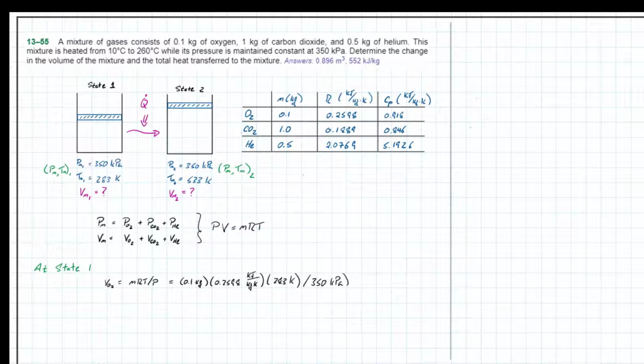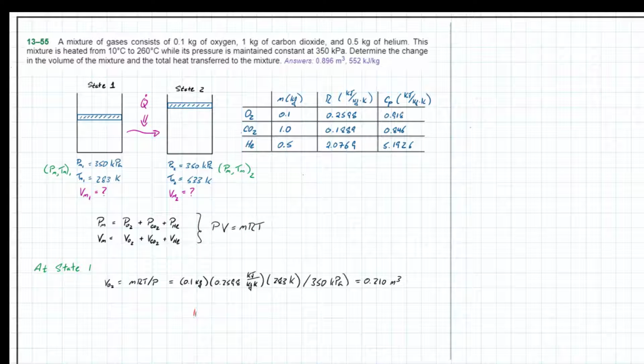Now, when we work out this value, we will end up with 0.21 cubic meters.